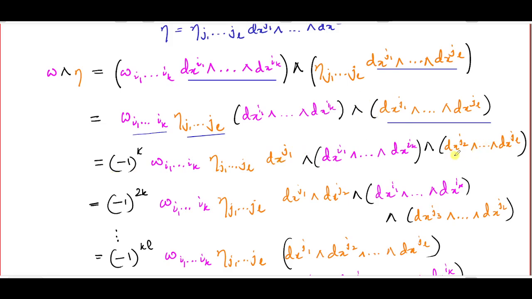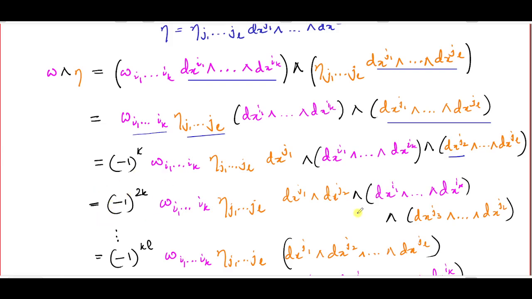Of course, that's not your complete task because you still have dxj2, dxj3, etc. to jump across. Now, if you also brought dxj2 over, what will happen is simply you will end up jumping this dxj2 over exactly k forms all over again, incurring minus 1 to the k more factors. So you are going to end up with minus 1 to the 2k.